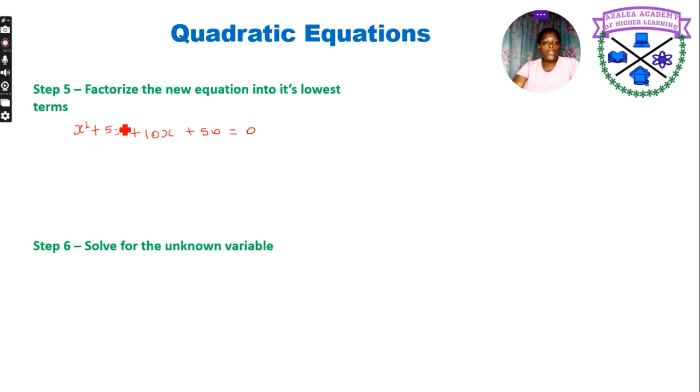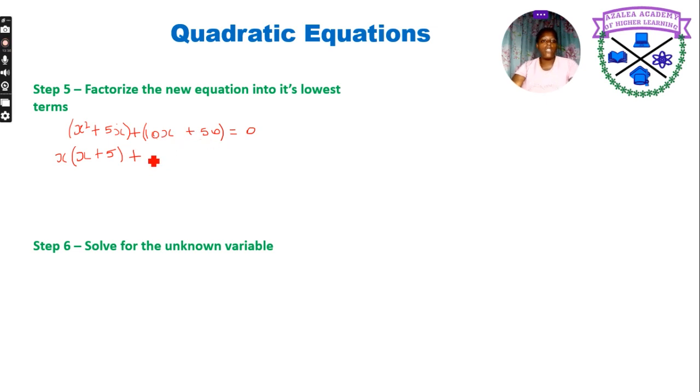So what we're going to do is we're going to factorize, and we're going to group this together to be able to factorize it, okay? So the factor of x squared and 5x would be x. So x into x squared is x, and x into 5x is 5. And we have plus. Now the factor of 10x and 50 is 10.